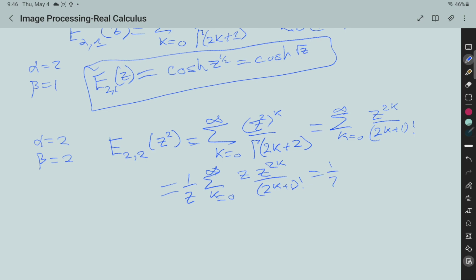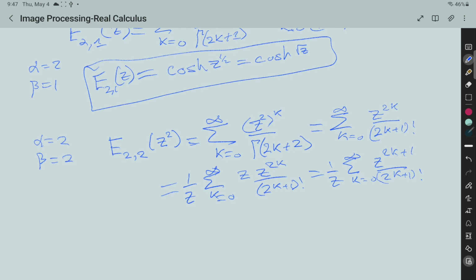So this is equal to 1 over z, and then the top is z to the 2k plus 1 divided by 2k plus 1 factorial.